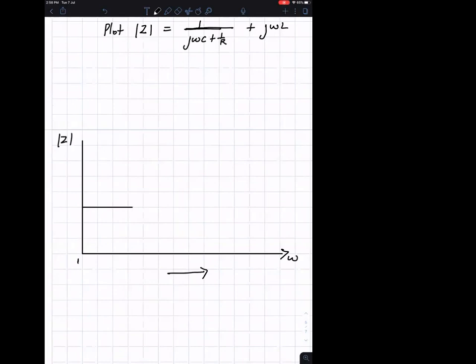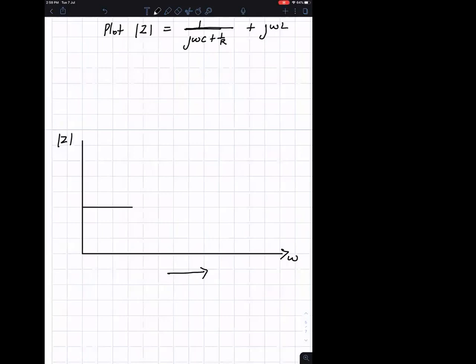So when omega is 0, omega is increasing. Omega is not really 0, it's low frequency, I would say the lower region of frequency, where the frequency is not high enough to cause transmission line effects.